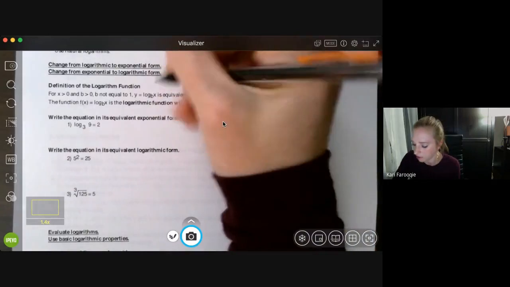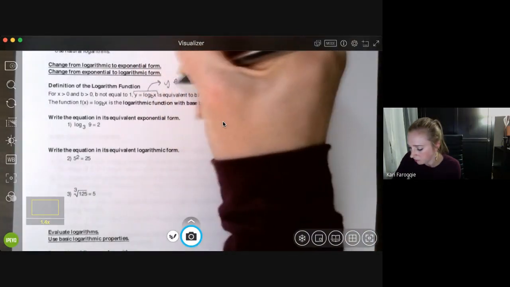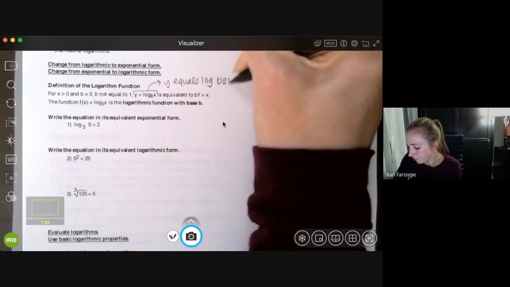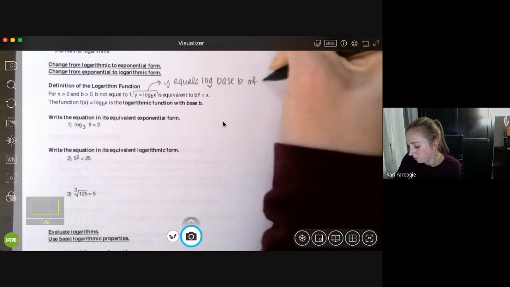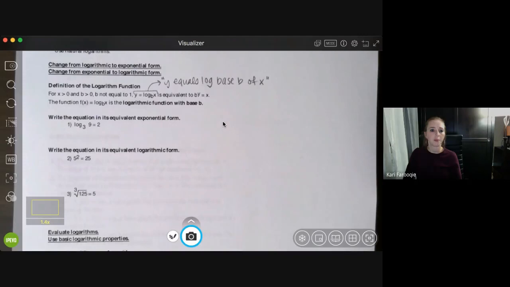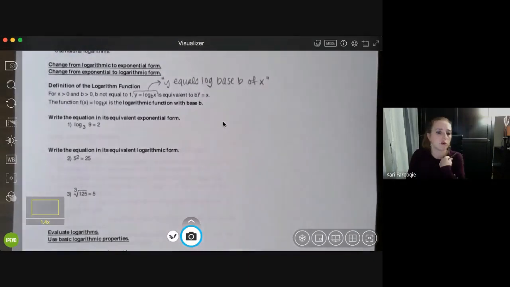Now, I'm going to write this in English because I want you to know how to say it. y equals log base b of x is equivalent to b to the y equals x.